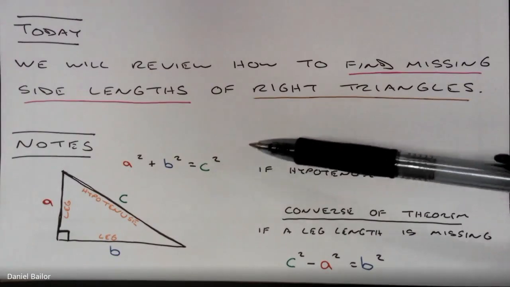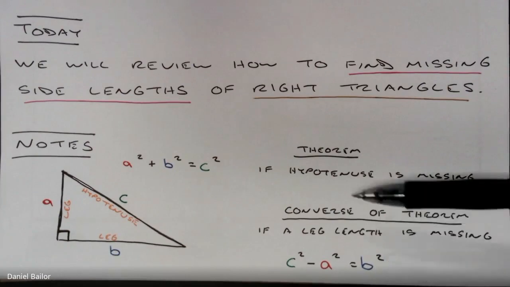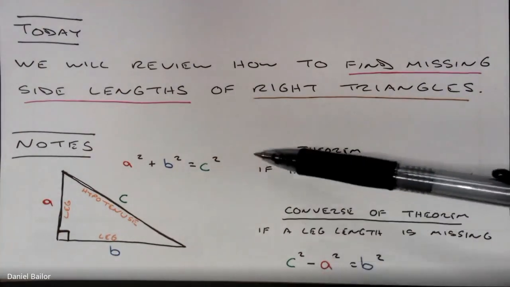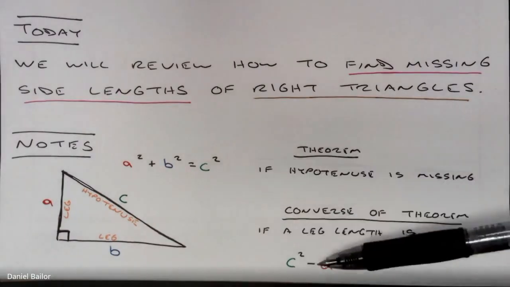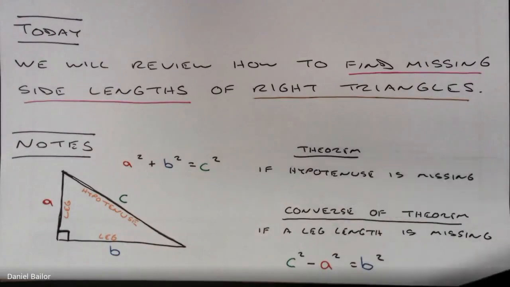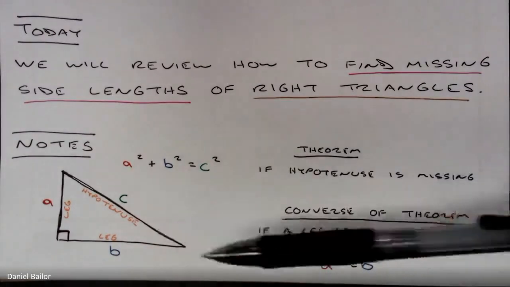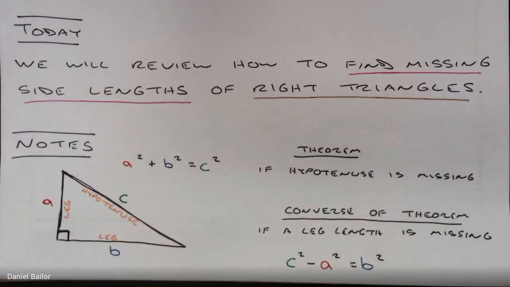In the converse, a leg is isolated. Same theorem, I just used the subtraction property of equality to change this into this. But both of those work. This is the Pythagorean theorem. This is a right triangle. This is the relationship between the sides.